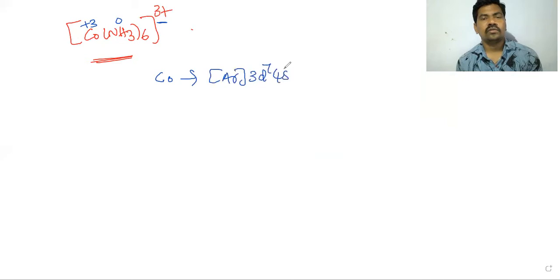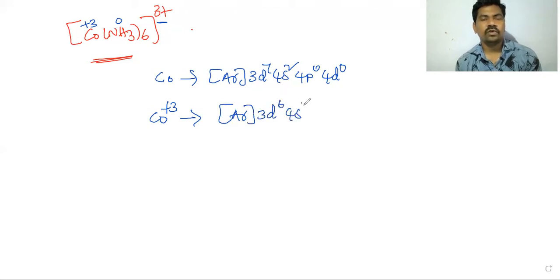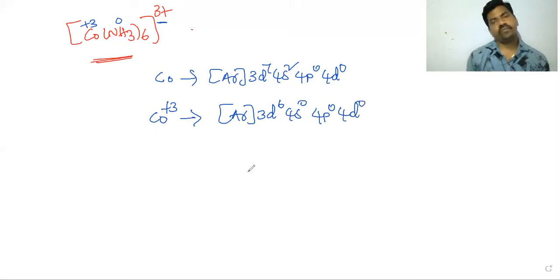Cobalt is argon 3d7, 4s2, 4p0, 4d0. In this coordination complex, cobalt is in the +3 oxidation state. So argon 3d6, 4s0, 4p0, 4d0.